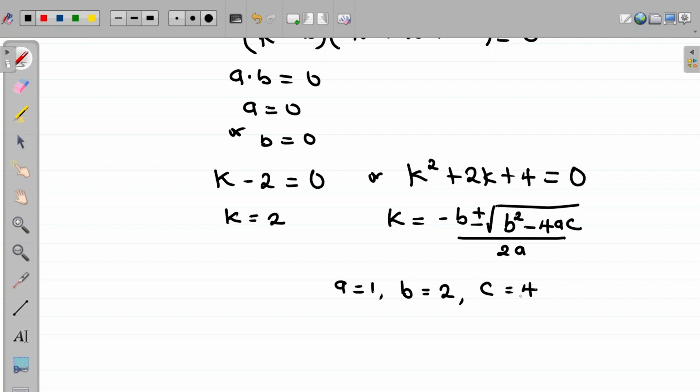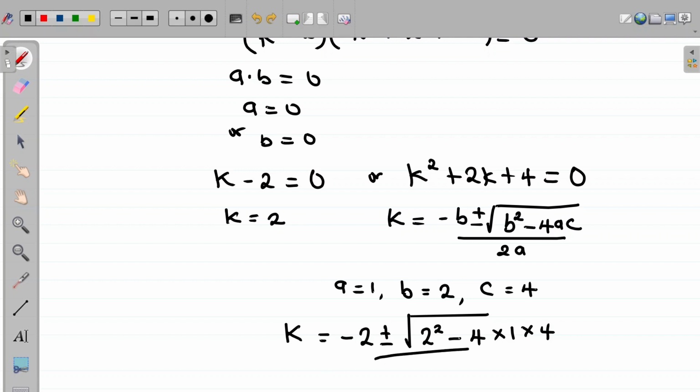Therefore, our equation becomes k equal to minus 2 plus or minus root of 2 squared minus 4 times 1 times 4, divided by 2 times 1.